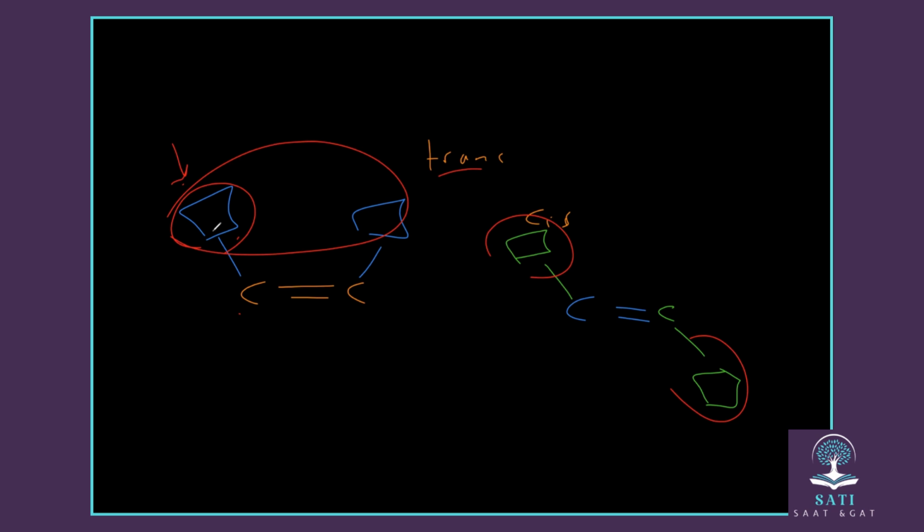Okay, we need to remember that in isomers we have 4 types: structural, which we understand; optical, with D-alanine and L-alanine as an example; geometric, with trans and cis; and stereo.